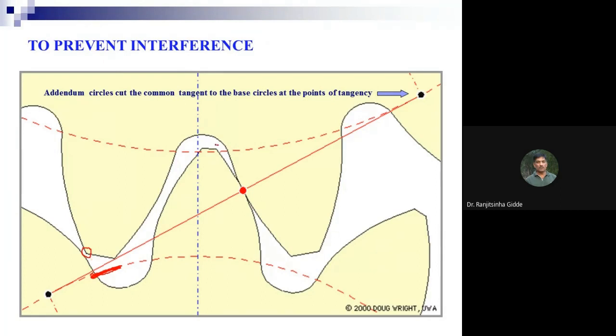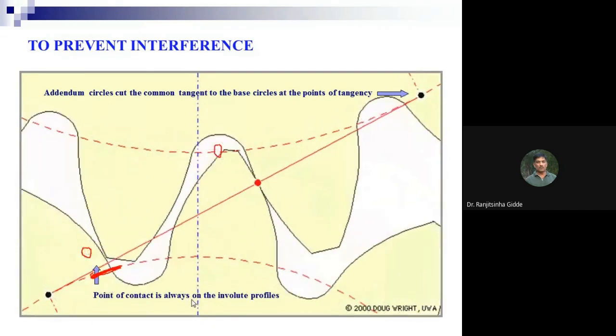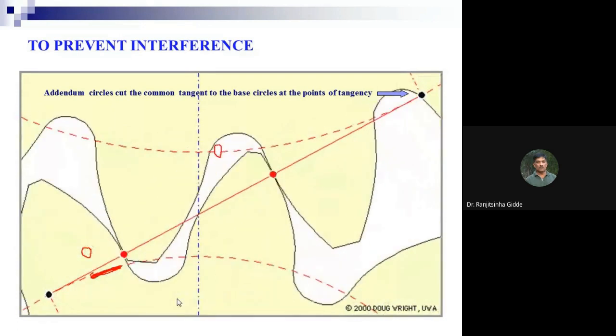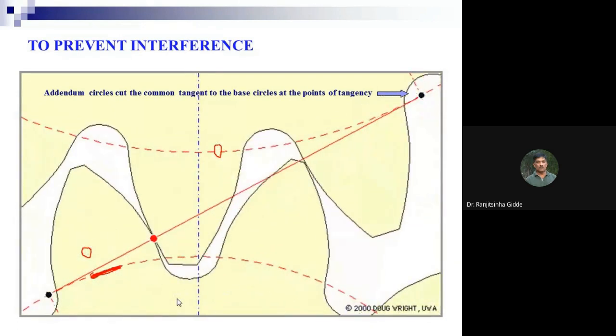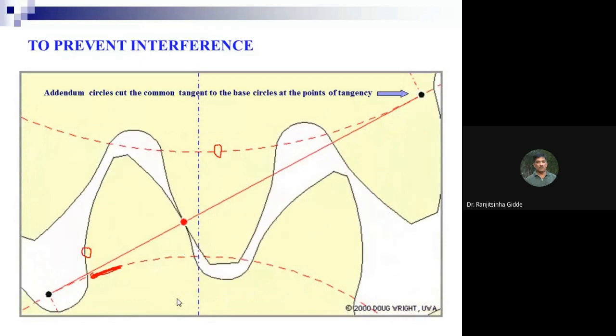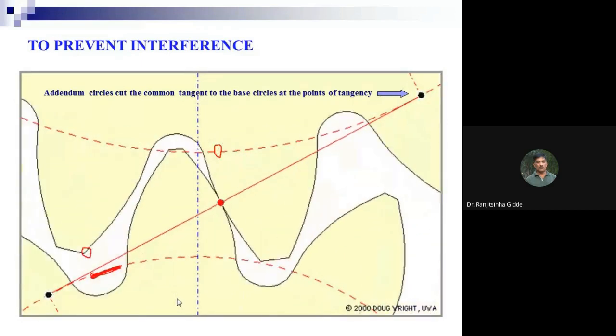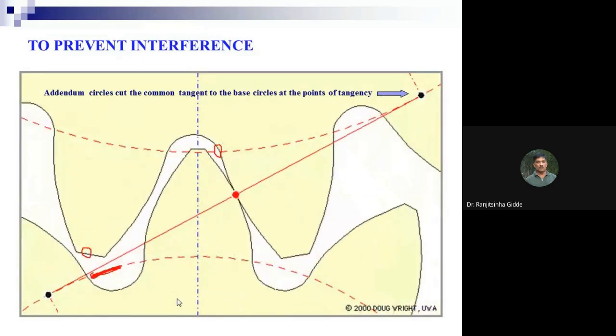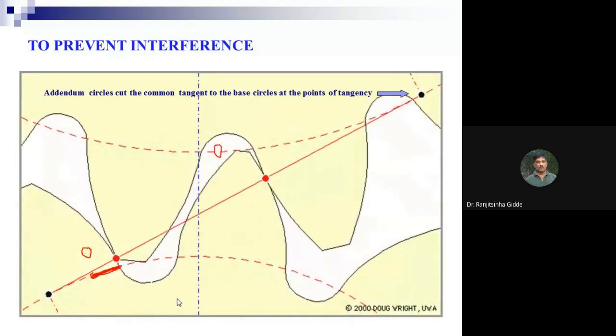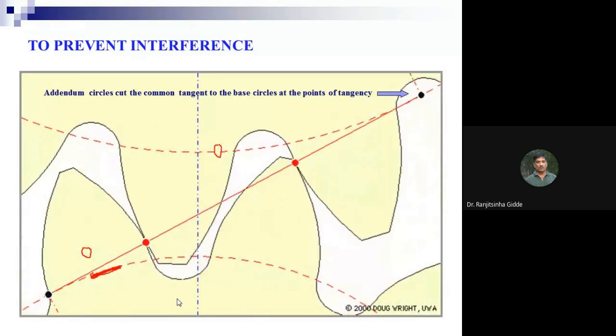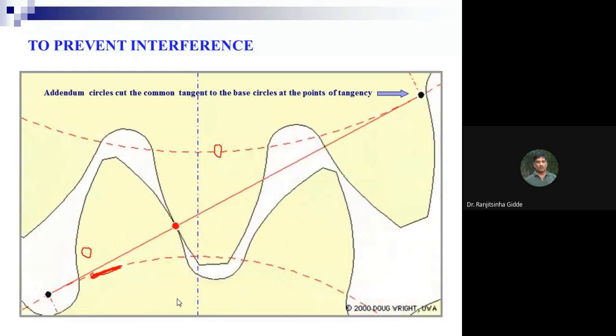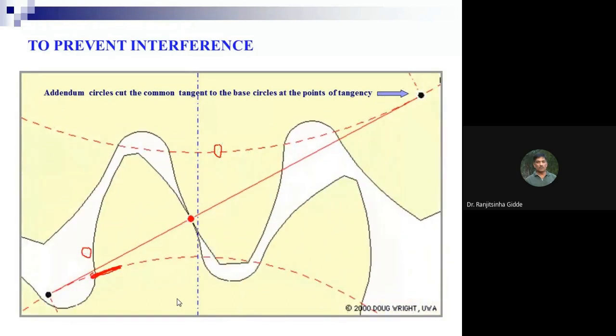or this is having contact to the profile inside this base circle from that side. Check the animation. So the tooth on either wheel, or the tip of tooth on either wheel, should have contact on the profile.